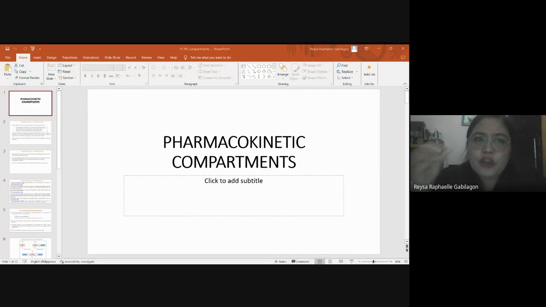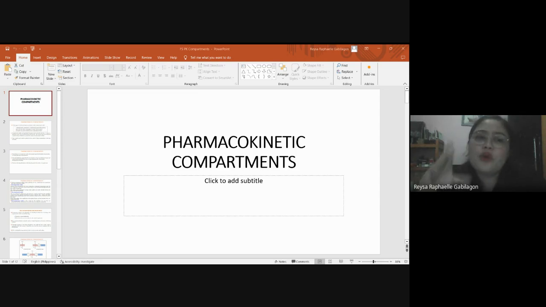So itong model na ito, the one compartment model, is to be used if the drug is rapidly and at the same time readily distributed between the blood or the plasma and the other tissues in the body. However, if the drug does not really readily distribute from the blood to the tissues in the body, then we may use the two compartment or the multi-compartment model.